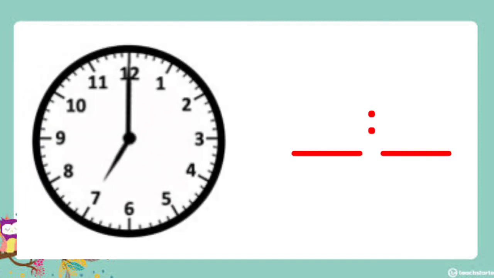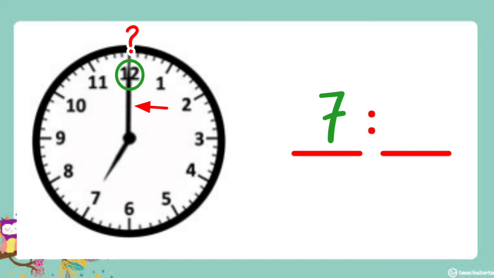Now, let us have the last clock. We have to do the same set of things. We have to look at where the hour hand is pointing. It is pointing at 7. So, the hour is 7. Now, let us have the minute hand. It's pointing at 12.